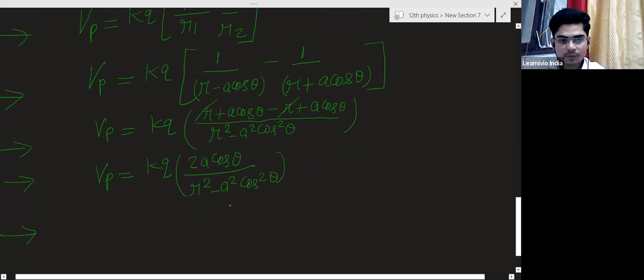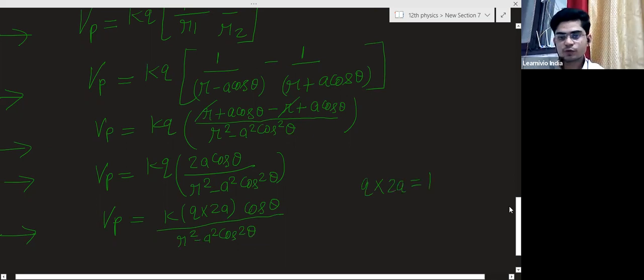Q into 2A cos theta divided by R square minus A square cos square theta. So what is Q into 2A? Q into 2A is the value of the dipole moment.